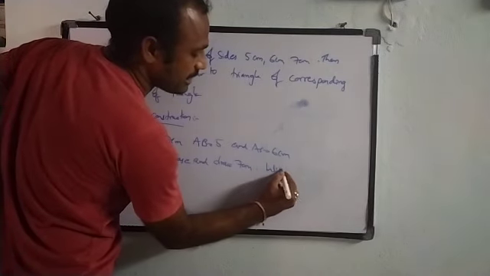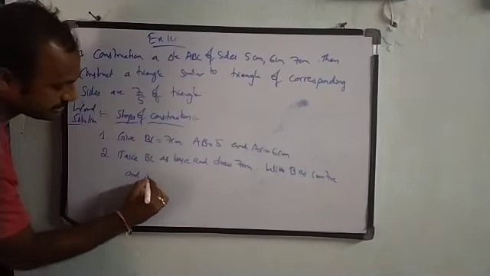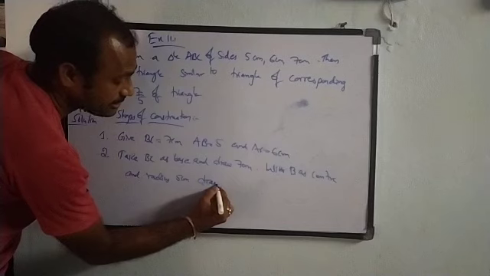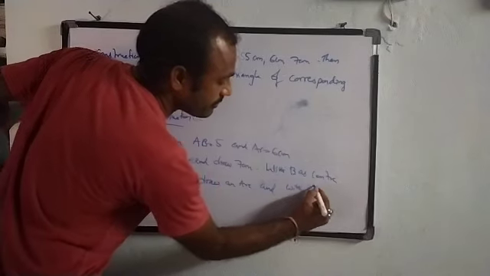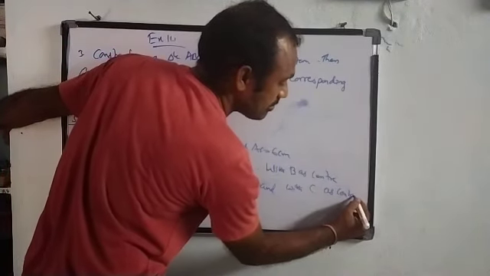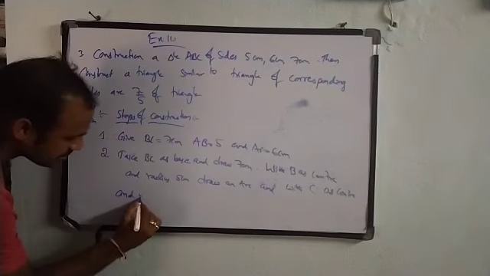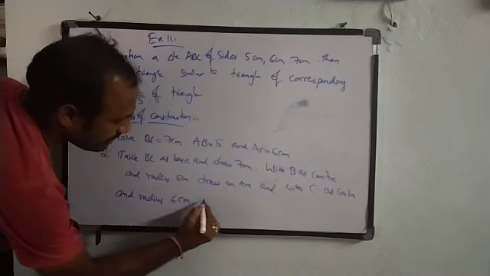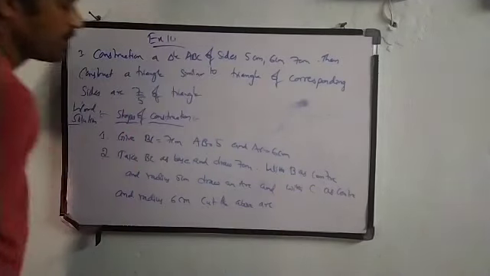Next, with B as center and radius 5 centimeter, draw an arc, and with C as center and radius 6 centimeter, cut the above arc.